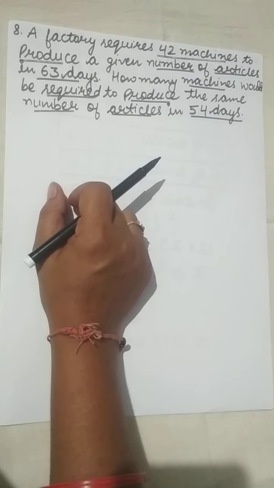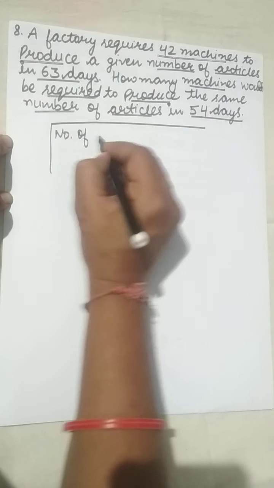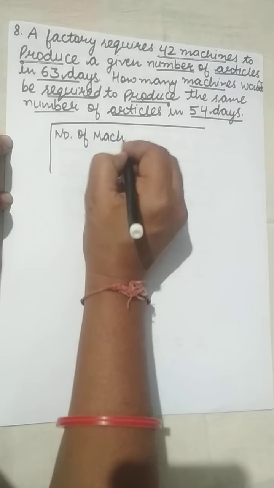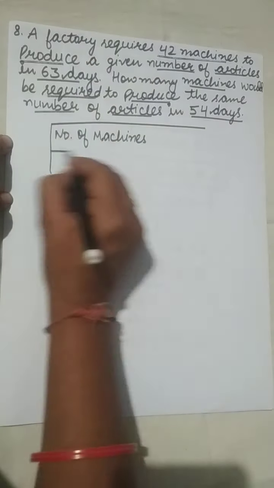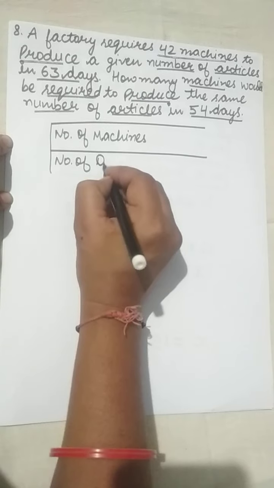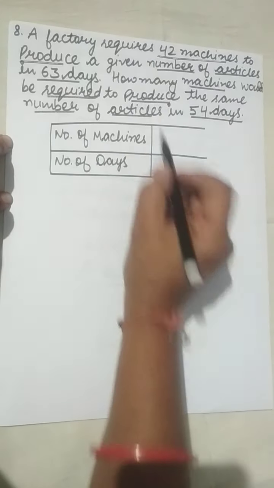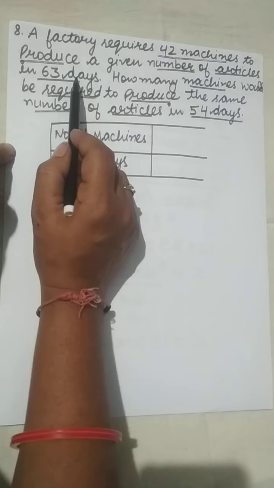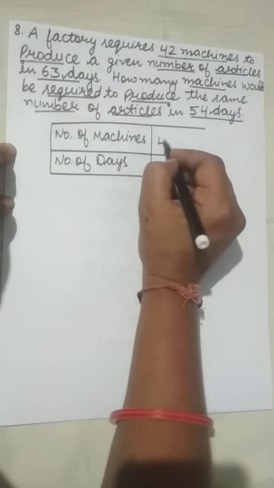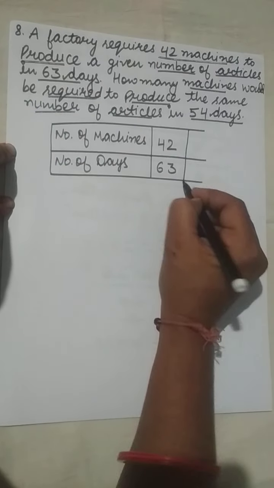So the table will be the number of machines and the number of days. So if 42 machines are there, they are completing the job in 63 days. 42 machines, number of days is 63 days.